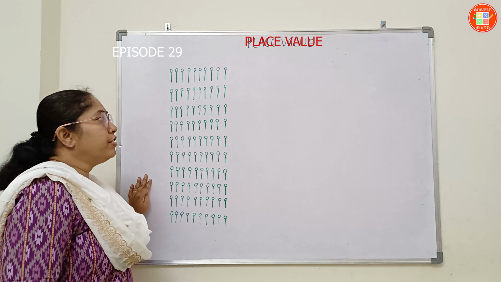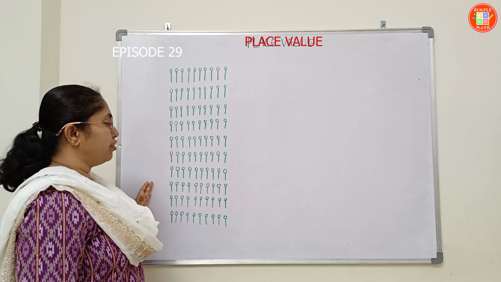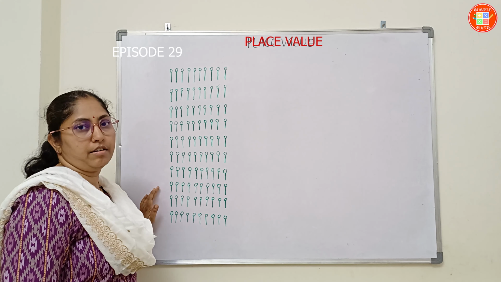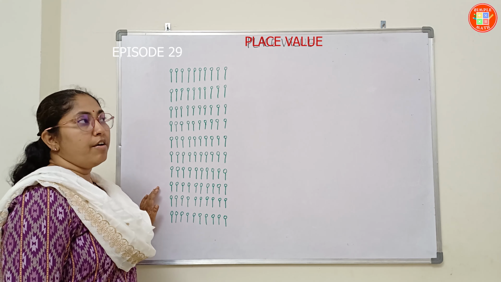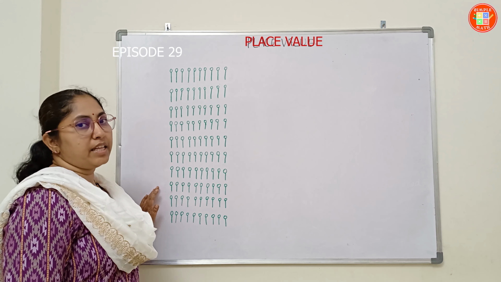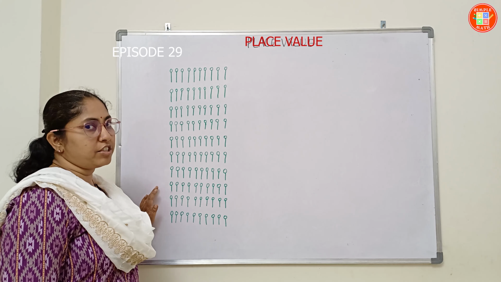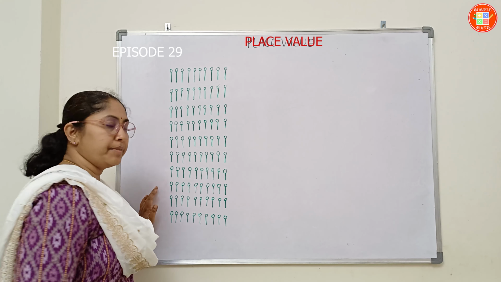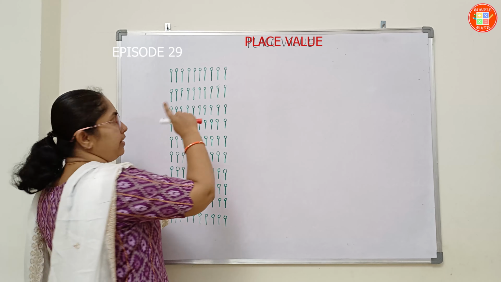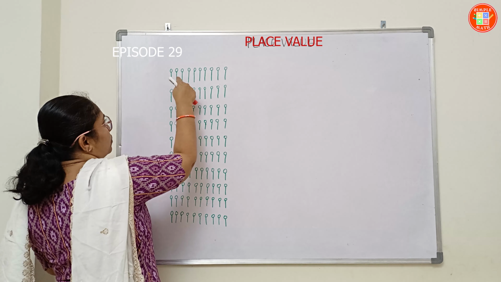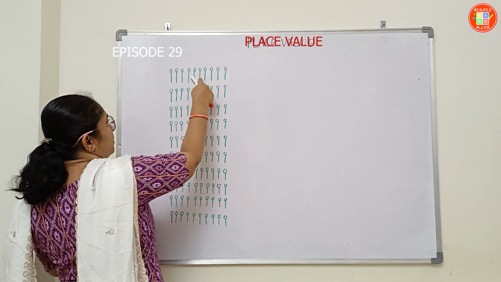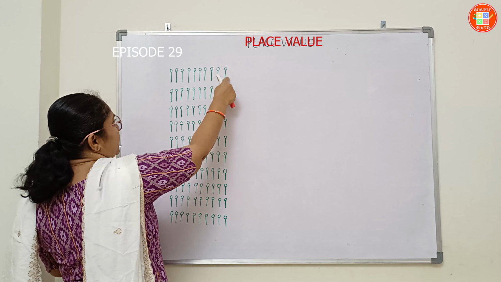I have few lollipops drawn on this board here. We'll count them and make them in groups and write them in ones column and tens column. Right? So let's start counting. 1, 2, 3, 4, 5, 6, 7, 8, 9, 10.